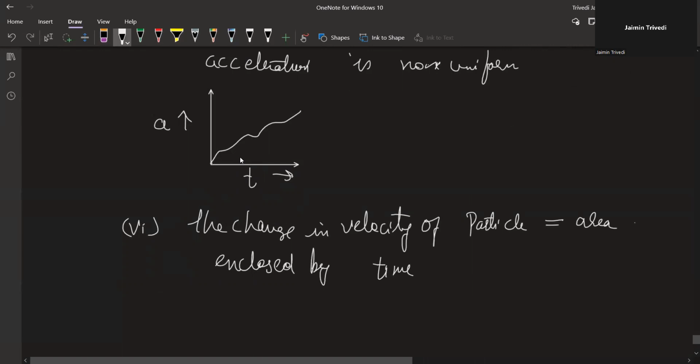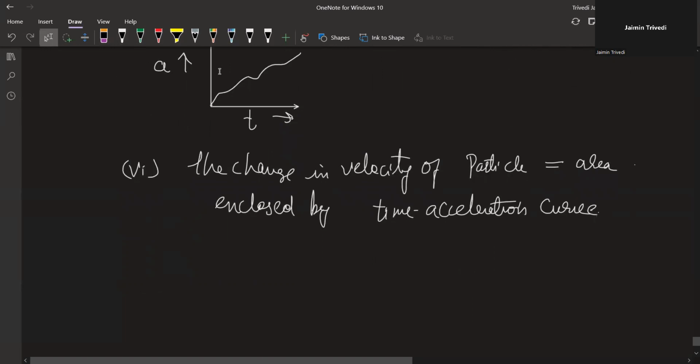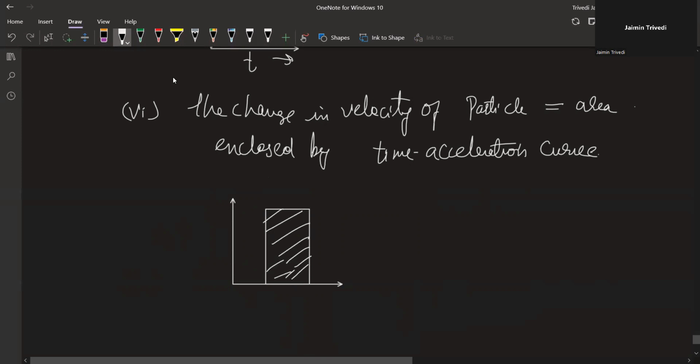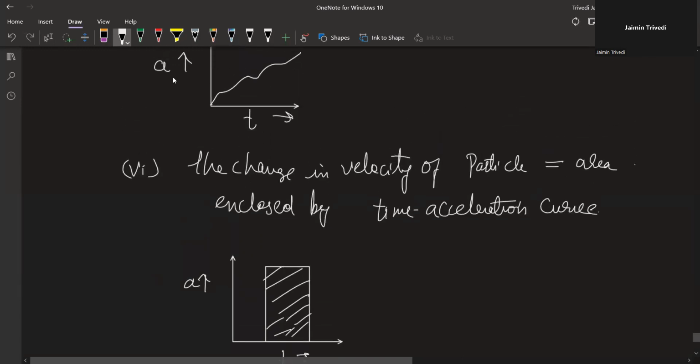Enclosed by the curve. For change in velocity, we need what? Area under the curve.